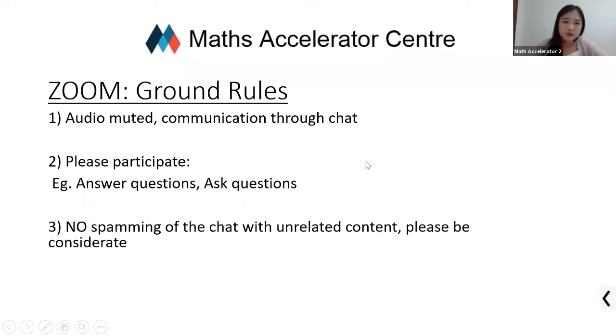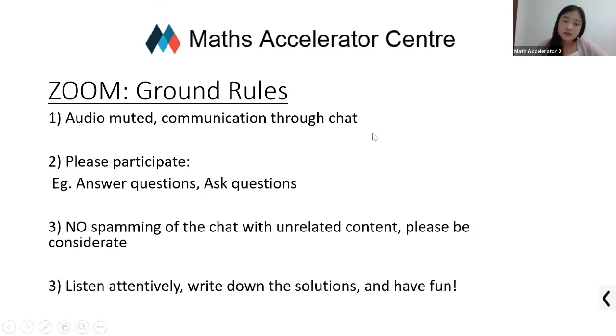No spamming of the chat with unrelated content. Please be considerate, you have your fellow students here who are also trying to pay attention, and they want to be heard in the chat as well to share their answers. Listen attentively, write down the solutions, and have fun.